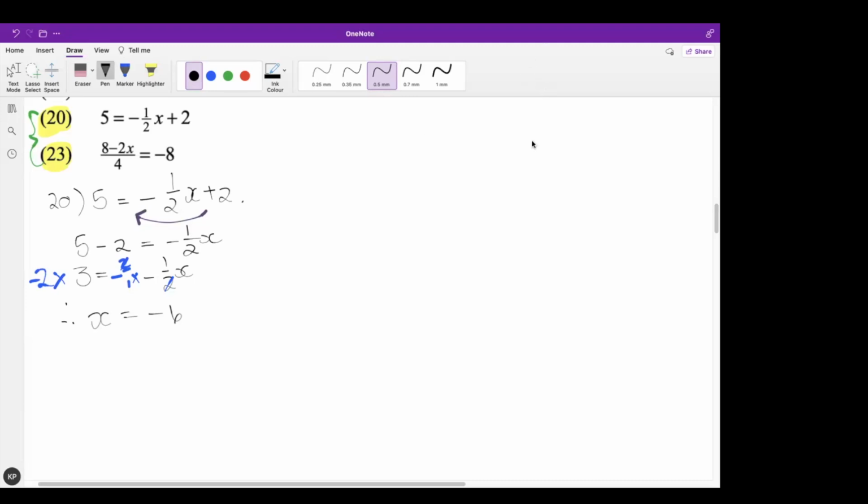Let's check. Okay, 23 says 8 minus 2x divided by 4 is equal to negative 8. Now our problem is this guy over here, that 4. So I'm going to times both sides by 4.